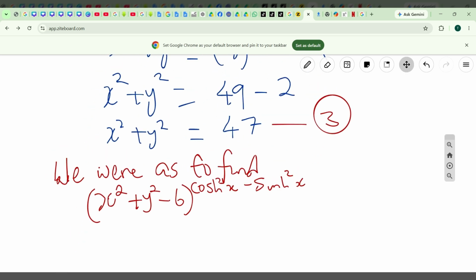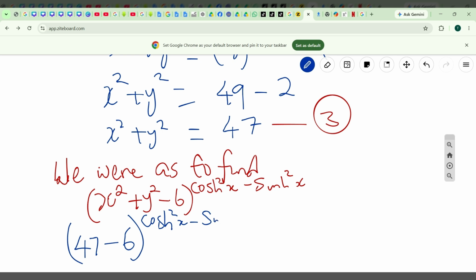This is pretty simple and straightforward. We know the value of x squared plus y squared, so we just substitute it into this. This gives us 47 minus 6 to the power of cos square x minus sine square x.